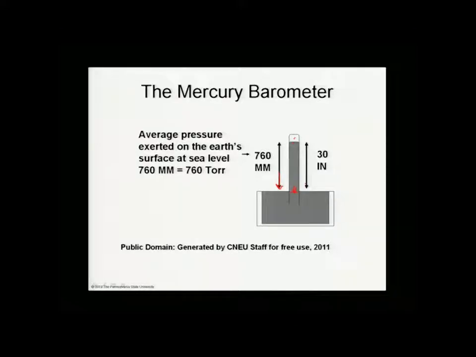The average pressure of the Earth's atmosphere at sea level is 760 millimeters of mercury, which is 760 torr, which, as you remember, I kind of remember as 10 to the 3 torr. This is not exact, but I sort of remember it's about that size. So that's a simple way of measuring pressure with the mercury barometer.